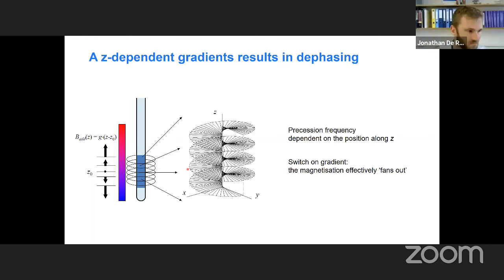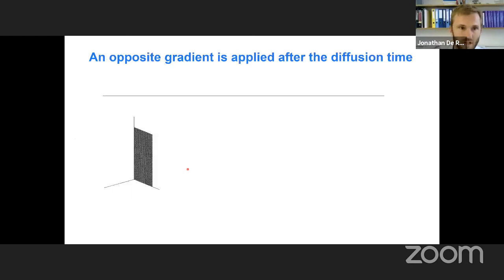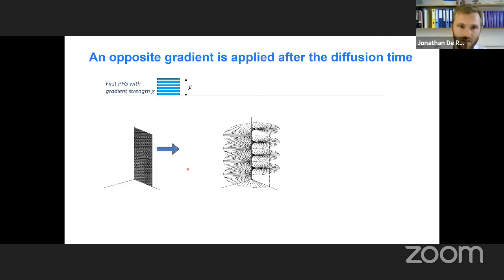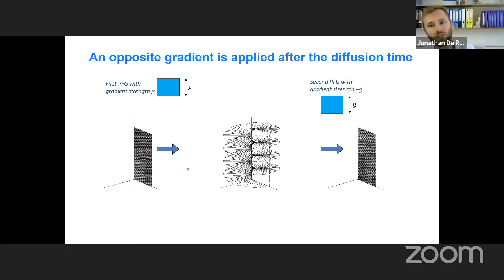Okay, that does not sound very useful. But now we come to DOSY. What if we apply first a gradient, then wait a little bit, and then apply the opposite gradient? First it all goes in one direction, the spiral goes in one direction. You apply the opposite gradient, and so it goes back in the other direction until it perfectly refocuses back to your coherent signal, which we can measure.